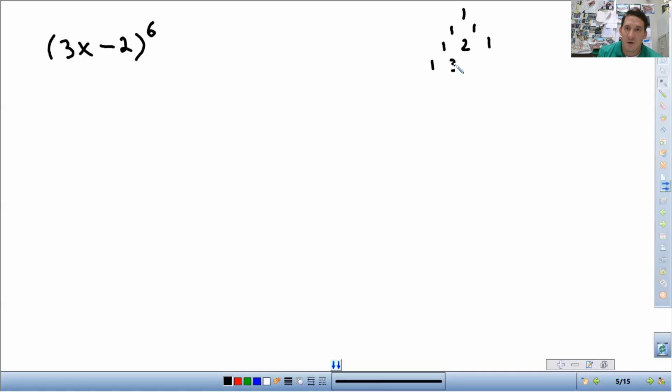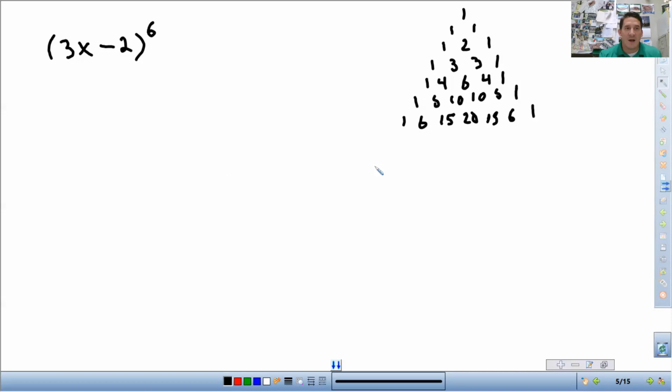So 1, 3, 3, 1, 1, 4, 6, 4, 1, 1, 5, 10, 10, 5, 1. So it's 1, 1 plus 5 is 6. 5 plus 10 is 16. 10 plus 10 is 20. Not 16, 15. 10 plus 5 is 15. 5 plus 1 is 6. 1.